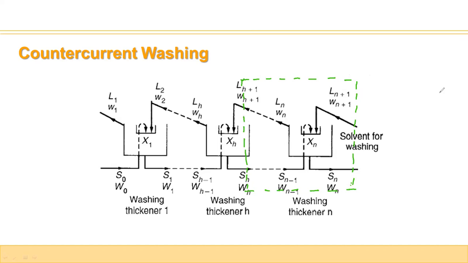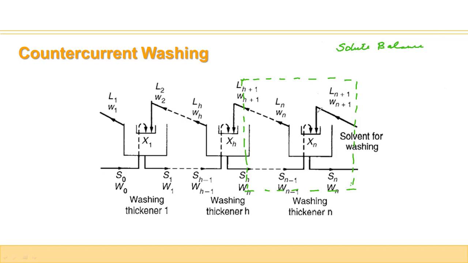Now, if we find through material balance the L sub H plus 1, based on this particular thickener here, we'll have the solute balance. I'll write it here, that way we will not have to write it on our solution.